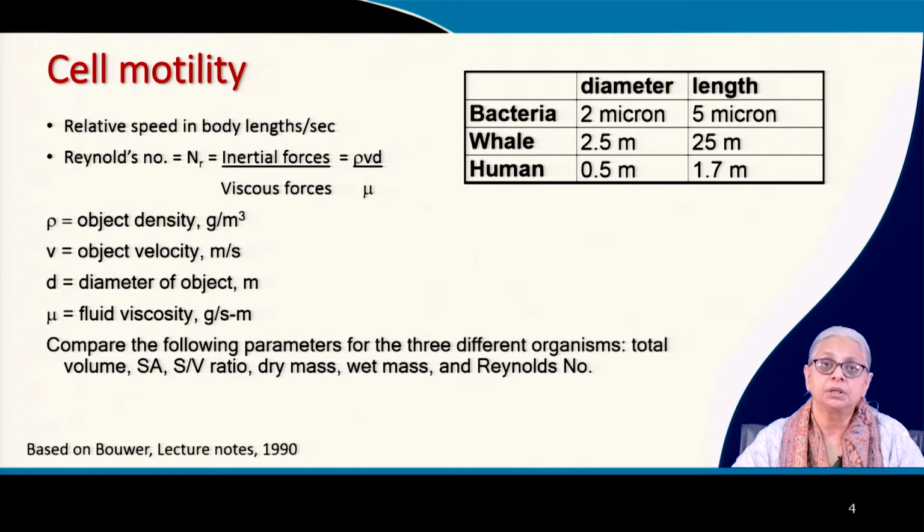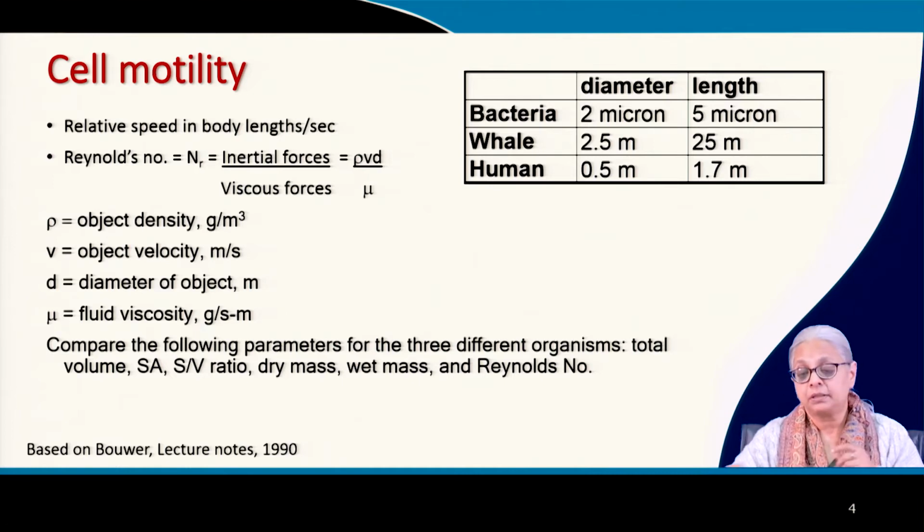It is a unitless number, and it is the ratio of inertial forces divided by viscous forces. So the inertial forces are shown by rho V d. Rho is the density of the object, V is the velocity of the object, and d is the diameter of the object. Divide that by mu, and mu is the fluid viscosity in grams per second per meter.